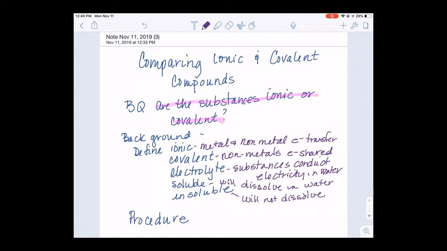I'm going to throw one more in. A precipitate is a solid that forms in a reaction of two liquids.